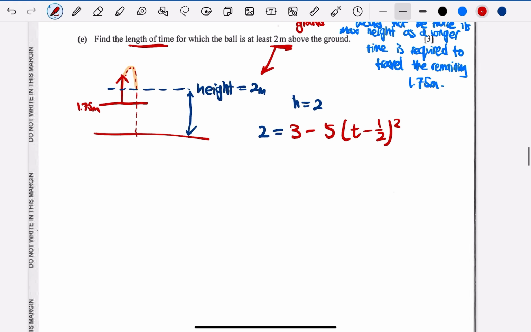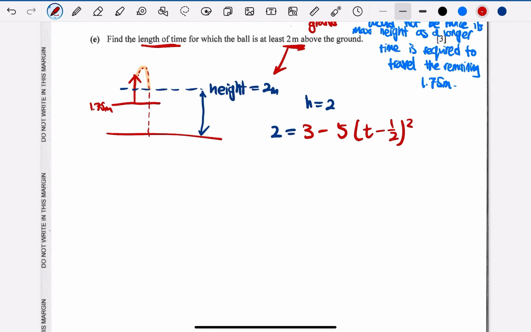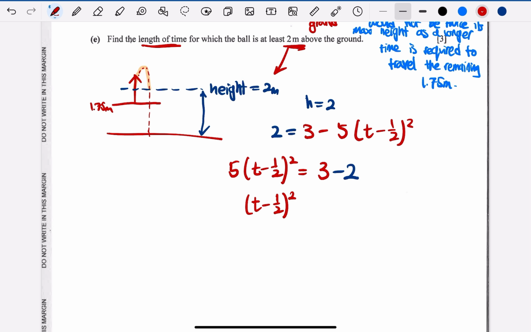And all I'm going to do is solve for my time. So I'm just going to move my terms around. I'm going to move this whole term to the left, I'm going to get 5 times t minus half squared. 3, I'm going to move the 2 to the right, so I'm going to subtract by 2. Simplify this. We get this to be equal to 1 over 5.